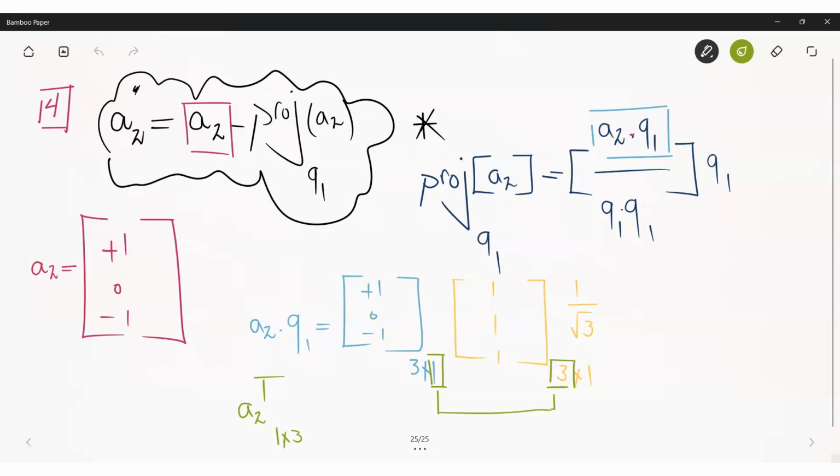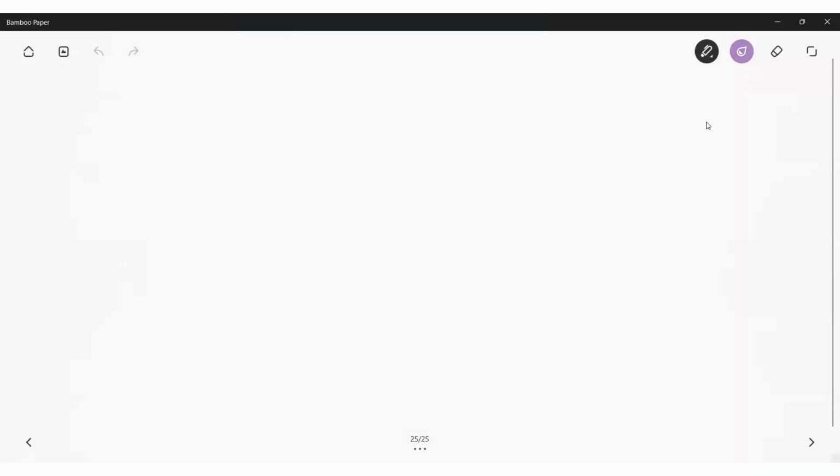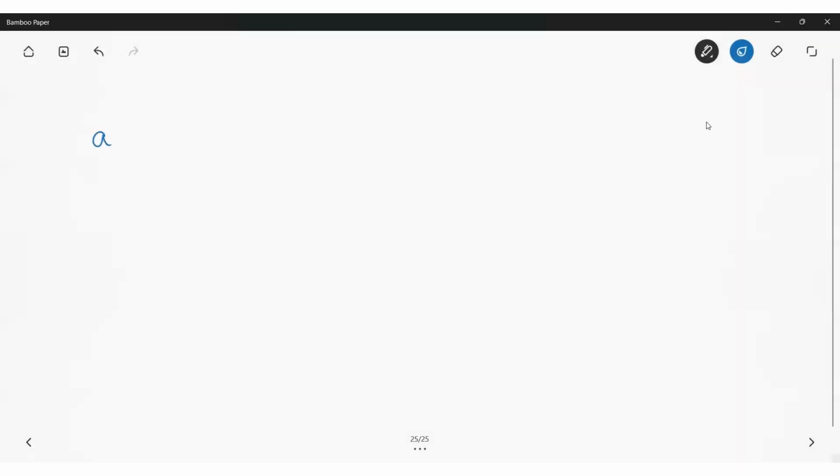As a result, in order to find a projection, I'm going to multiply A2 transpose times Q1. Then what happens? A2 transpose, what did we have?